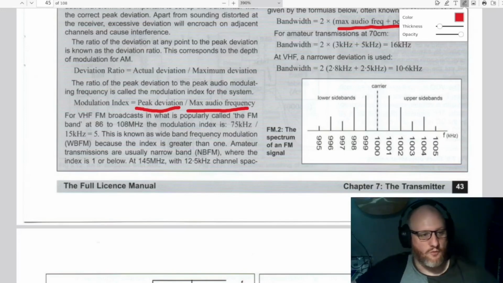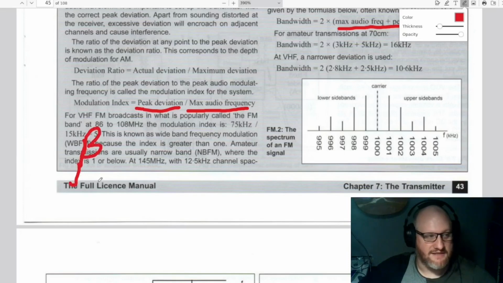A common way that we use the modulation index to compare signals is when we're talking about a narrow or a wide signal. When setting up a receiver, perhaps you may have seen that it can be in narrow FM or wide FM, and that's typically related to the modulation index, which would take on the symbol B, or B with a tail for beta.